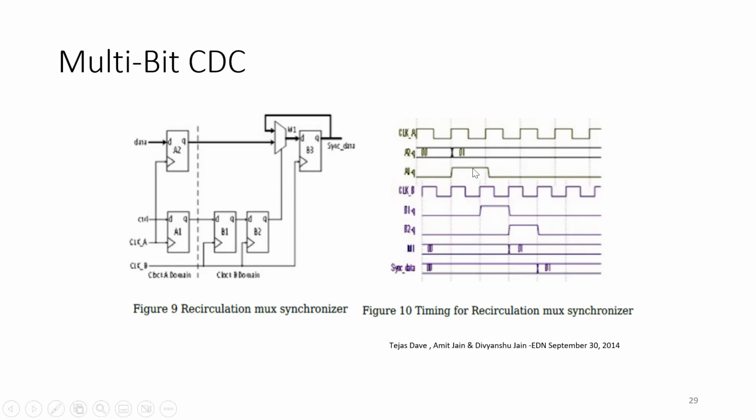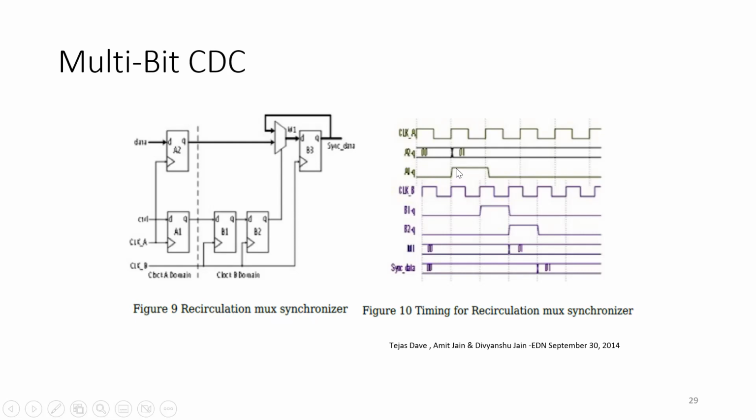This is my control signal. This control signal is working with clock A. And here, this is my synchronization, 2 D flip-flops.